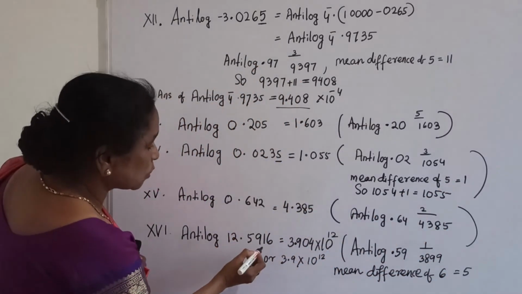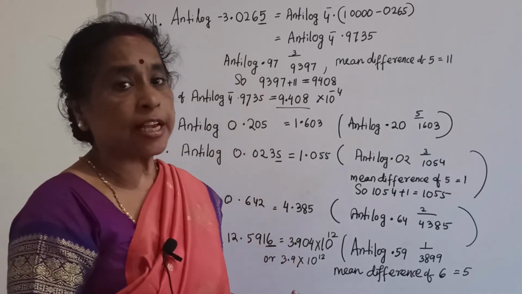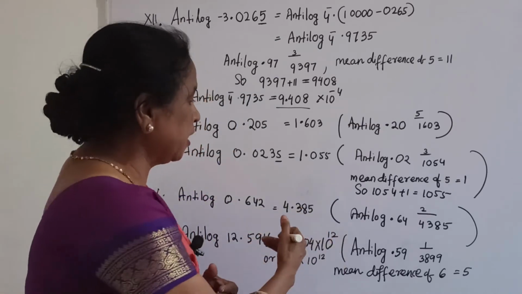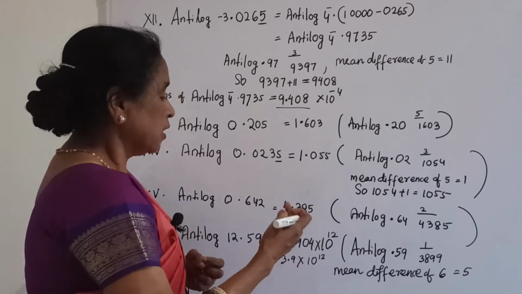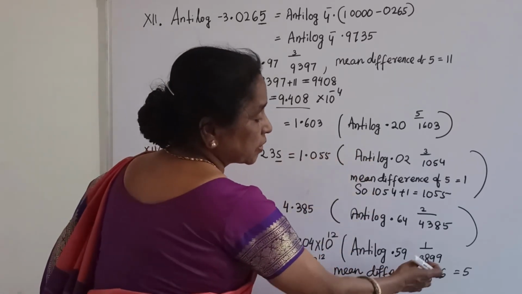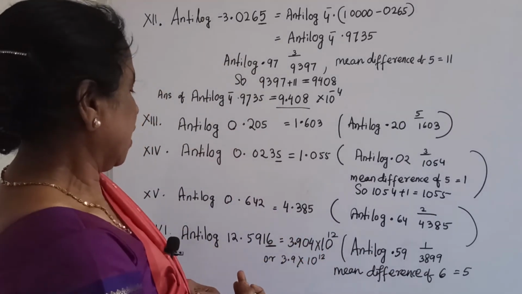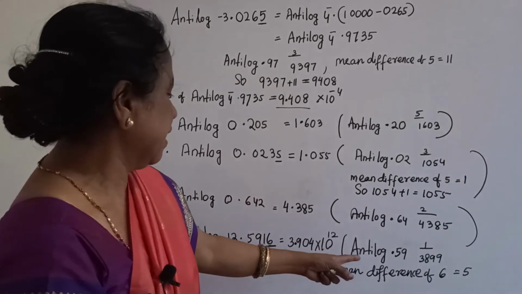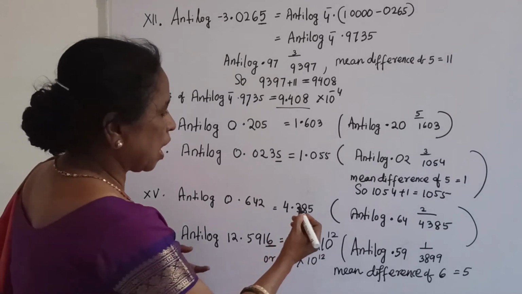Now after that another digit is there, that is 6. Then what to do about 6? You find the mean difference of 6 corresponding to the value antilog 0.59. Then what is the answer you find here? Mean difference of 6 equals 5. Then what to do here? You add 5 to 3899.